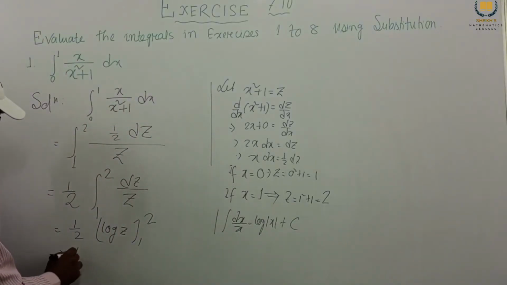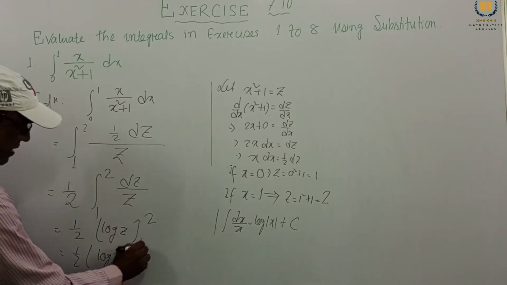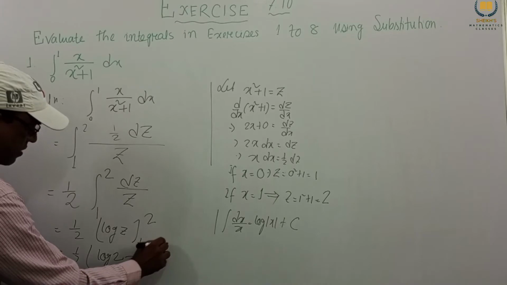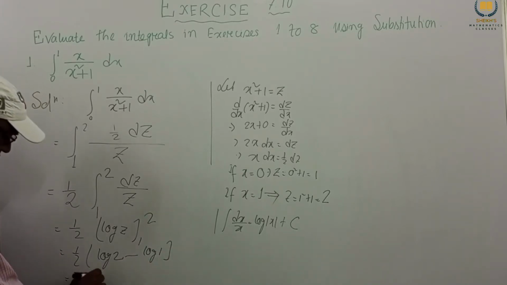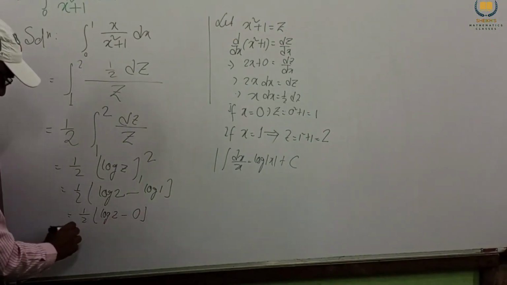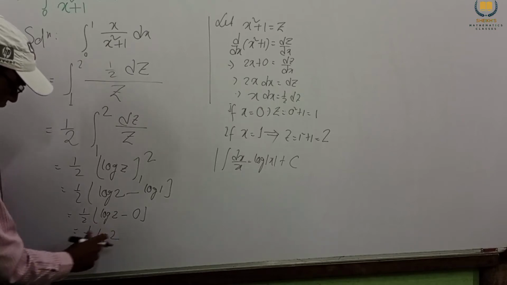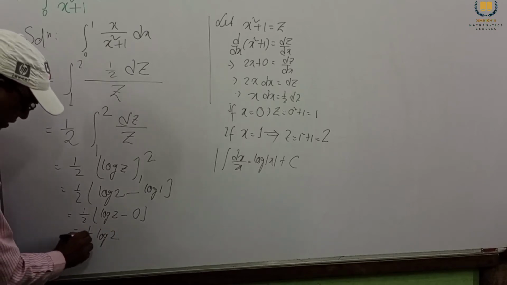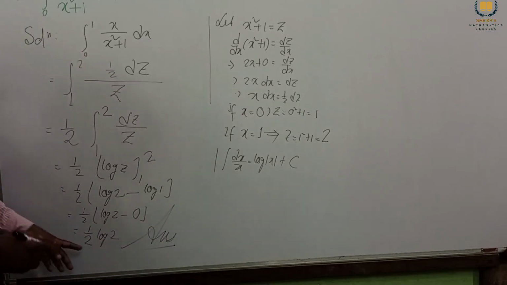So putting the upper limit 2, log 2, minus the lower limit, log 1, which is 0, we get 1 by 2 log 2. This is our answer, 1 by 2 log 2, the final answer.